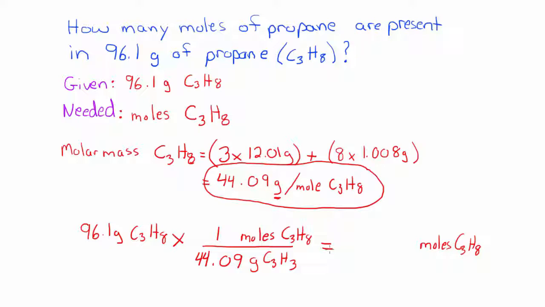So that's going to be 96.1 times 1 and then divided by 44.09. And you should end up with, let's see, let's do our calculation here. I think I'm getting 2.18 moles of propane. So that's the conversion fraction method of converting between grams to moles.